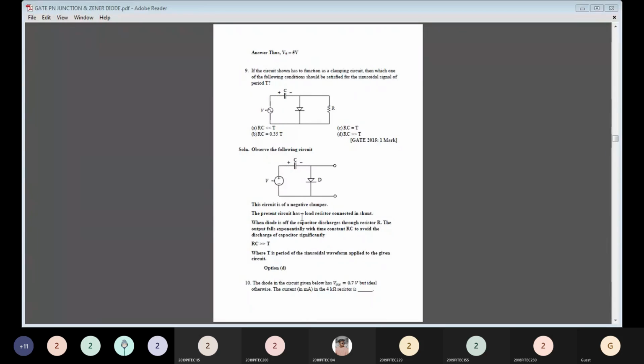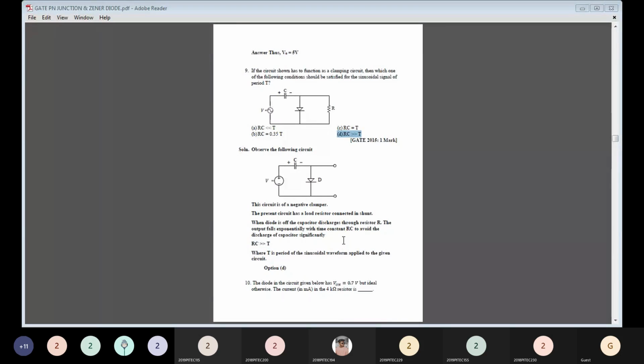The present circuit has a load resistor connected in shunt mode. When the diode is off, the capacitor discharges through the resistor R. The output falls exponentially with the time constant RC. To avoid significant discharge of the capacitor, RC must be very much greater than T, where T is the time period of the sinusoidal waveform applied to the given circuit. So option D will be the correct answer here.